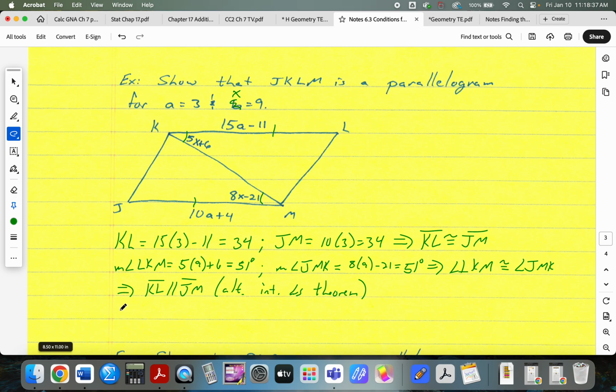And now, therefore, since I've got a quadrilateral with two sides congruent and parallel, it's got to be a parallelogram. Wouldn't it be the converse of alternate interior angles? Oh, absolutely it would. Thank you.